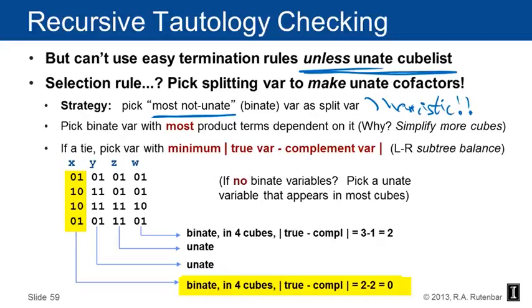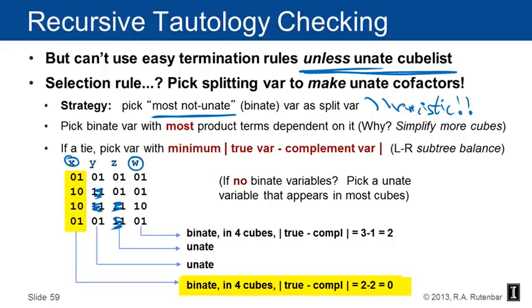So what you do, just as I said before, is go in and figure out for every single variable which ones are unate and which ones are not. Okay, so x is binate and w is binate, right? They are not unate, so those are the variables we should focus on, x and w.